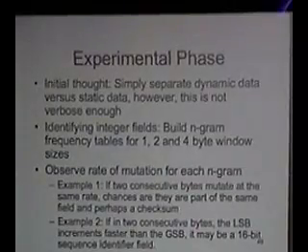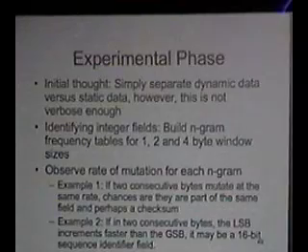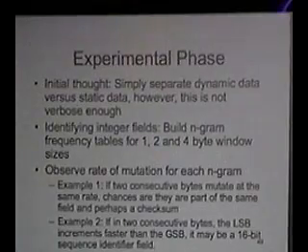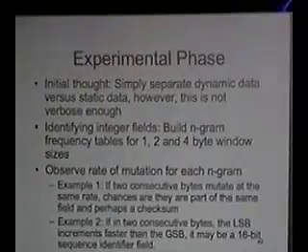To understand integer fields, this actually worked out pretty well. You can build n-gram frequency tables for 1, 2, and 4 byte window sizes, and slide over the consensus sequence, and you can use some logic in your program to try to discern what the particular function of that field is.